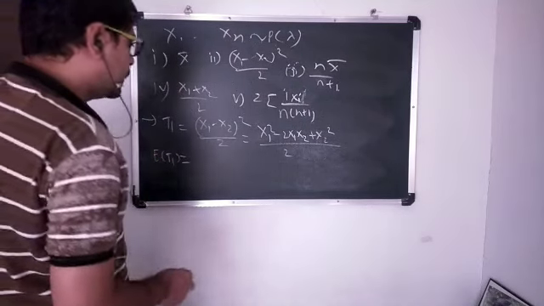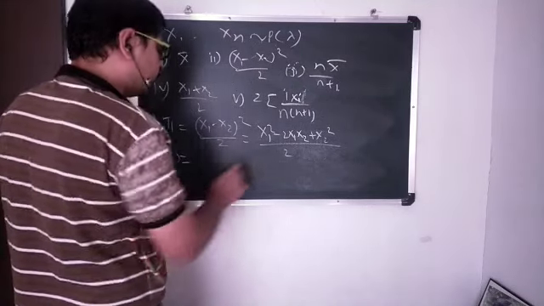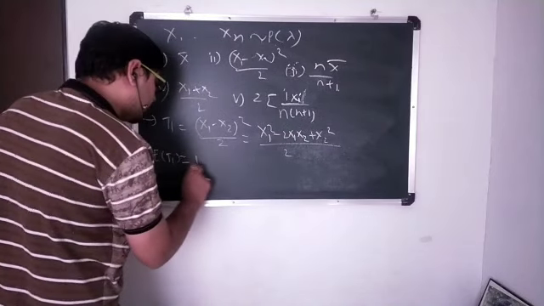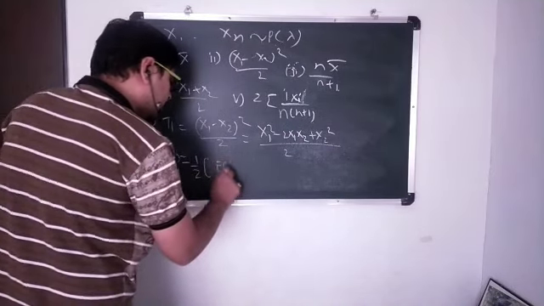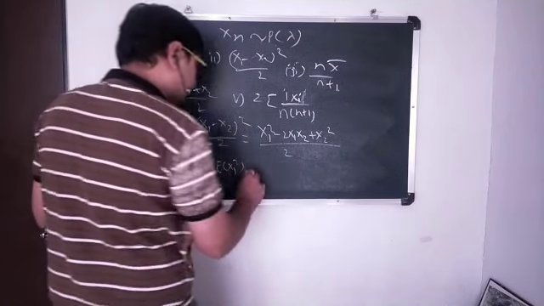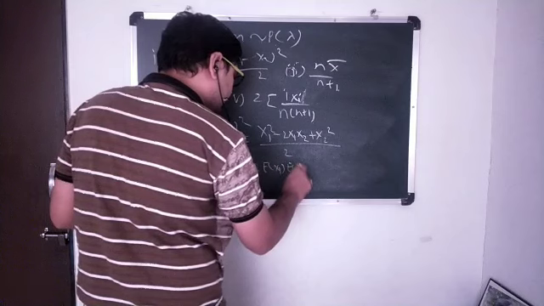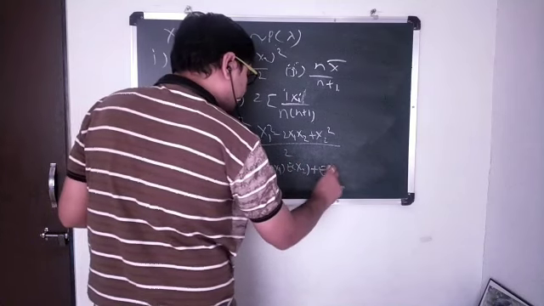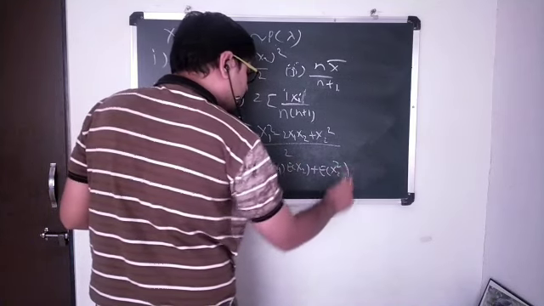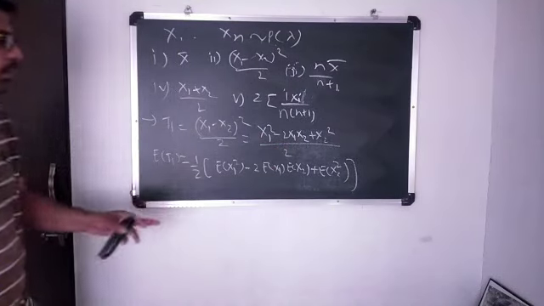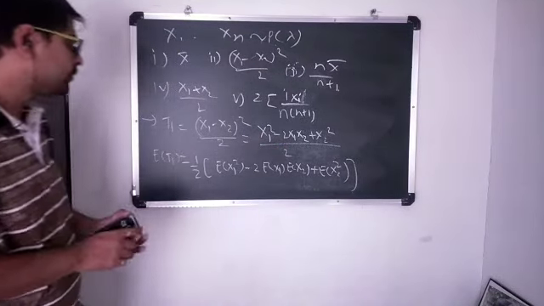It is 1 by 2 times the expected value of x1 square minus 2 times the expected value of x1 into the expected value of x2 plus the expected value of x2 square. Since these are independent, the expectation can be written as the product of their expectations, as this is a random sample.